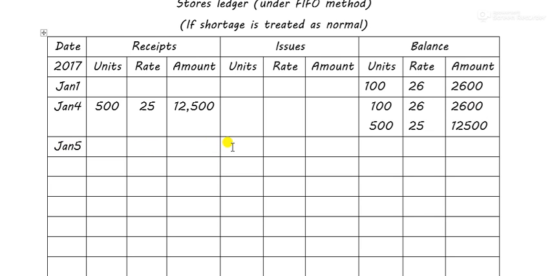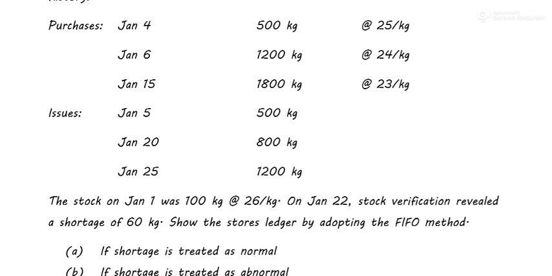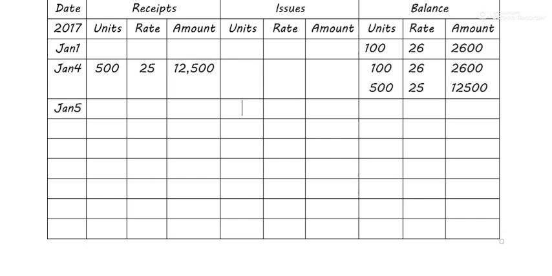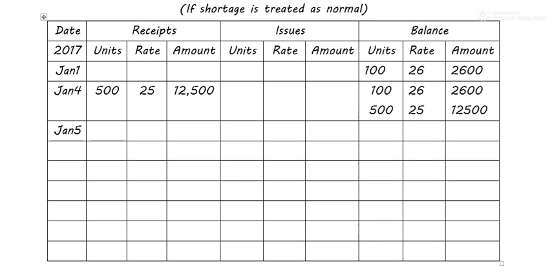The next date is Jan 5, and on Jan 5 issues were made of 500 kg. So this is the FIFO method. When a total of 500 kg of material has to be issued on FIFO basis, let's see the balance and how we'll issue it.